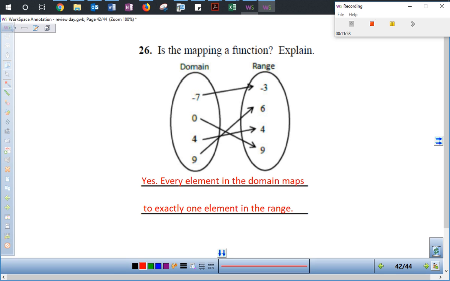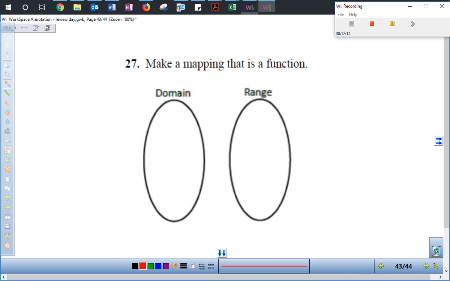Clearly this one is a function. Sorry guys. This is a function, and the description is very specific. Every element in the domain maps to exactly one element in the range. So it is a function. Now on number 27, please make a mapping on your own. That is a function.